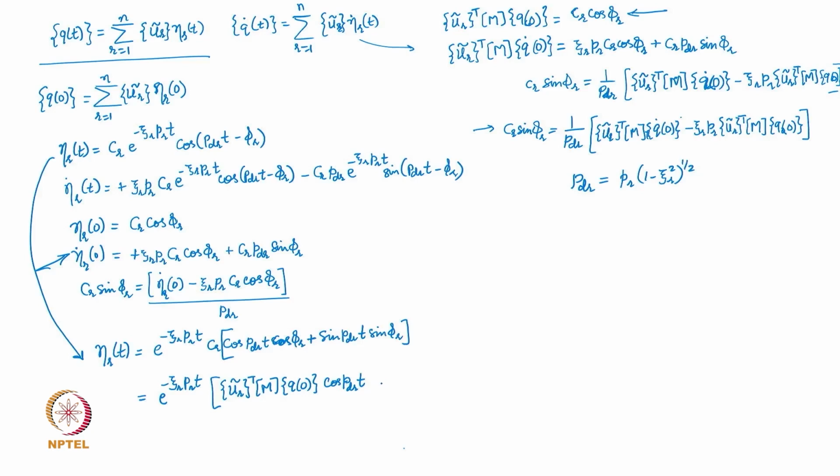So this is one time function, and then plus you have C_r sin phi_r, which is given by this expression, which can now be written as 1 over p_dr multiplied by u_r tilde transpose M q naught dot minus zeta_r p_r u_r tilde transpose M q naught, and then multiplied by sin p_dr t.